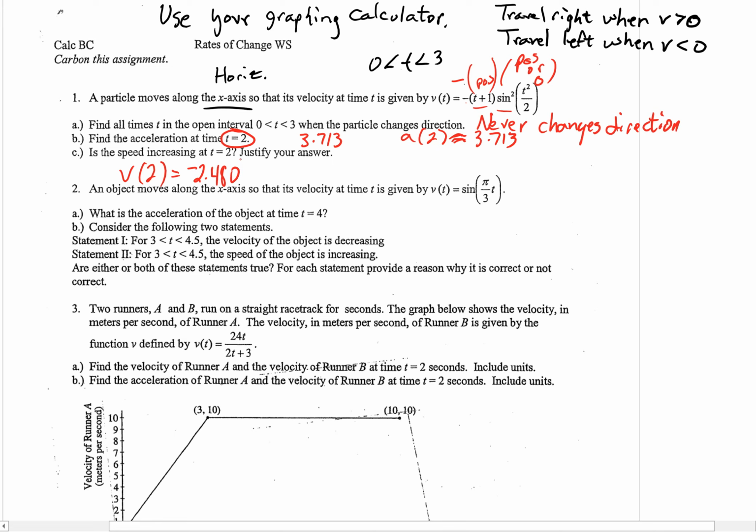We already knew that. We knew that from what I talked about in part A, velocity is always negative. We saw our acceleration was going to be positive. So is the speed increasing? Are we speeding up? No. You could say, no, the particle is slowing down.